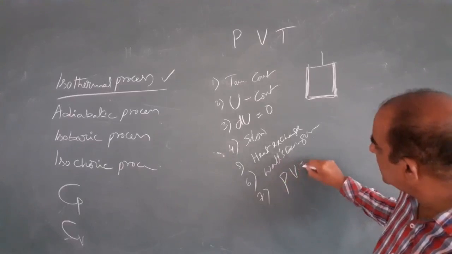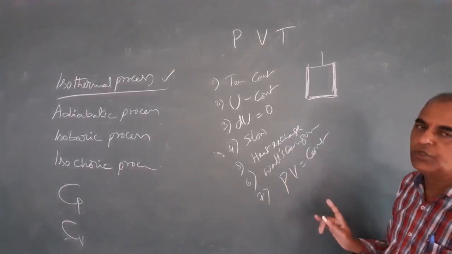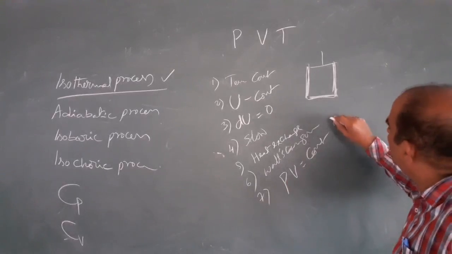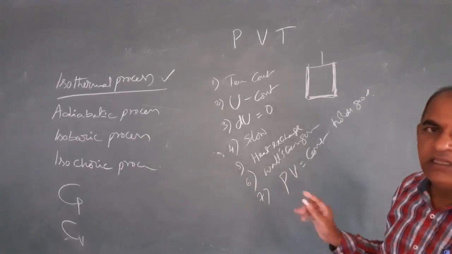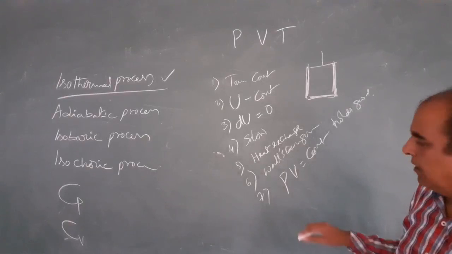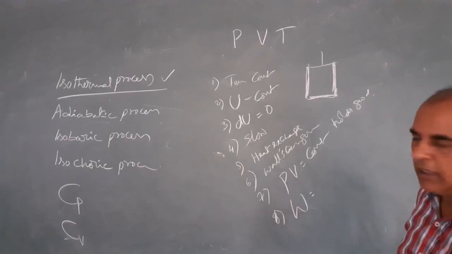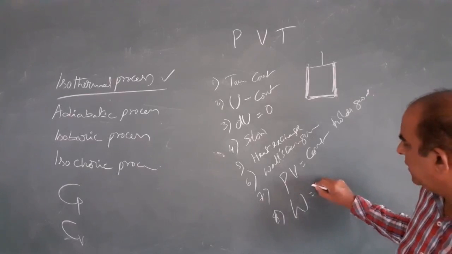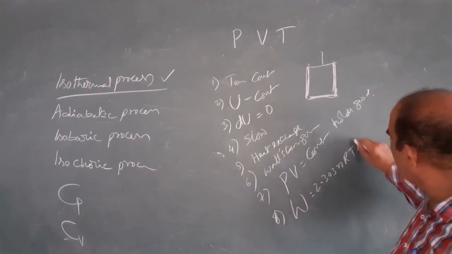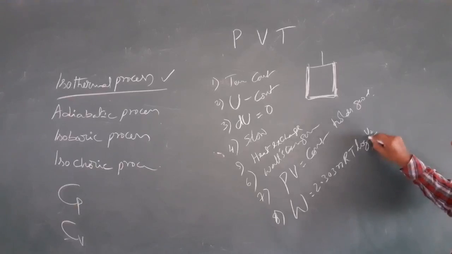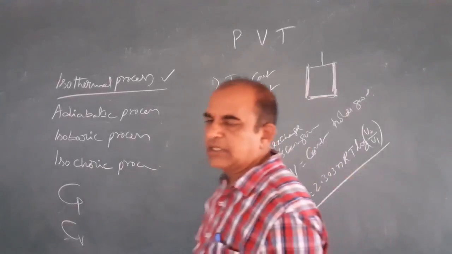And in this process, PV is a constant. Boyle's law, PV equals constant, holds good. And in this process, how much is the work done? Work done is equal to 2.303 nRT log V2 by V1. This is the work done in an isothermal process.